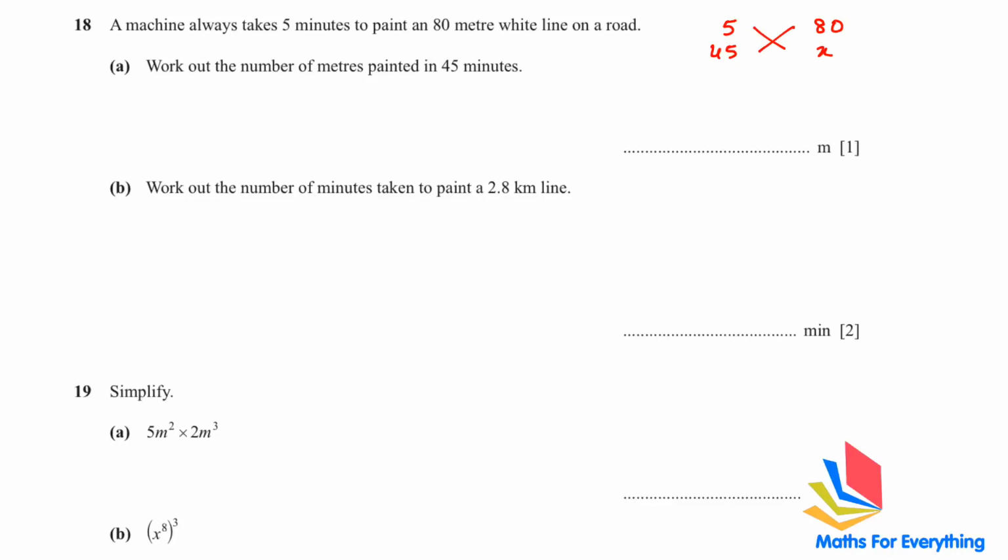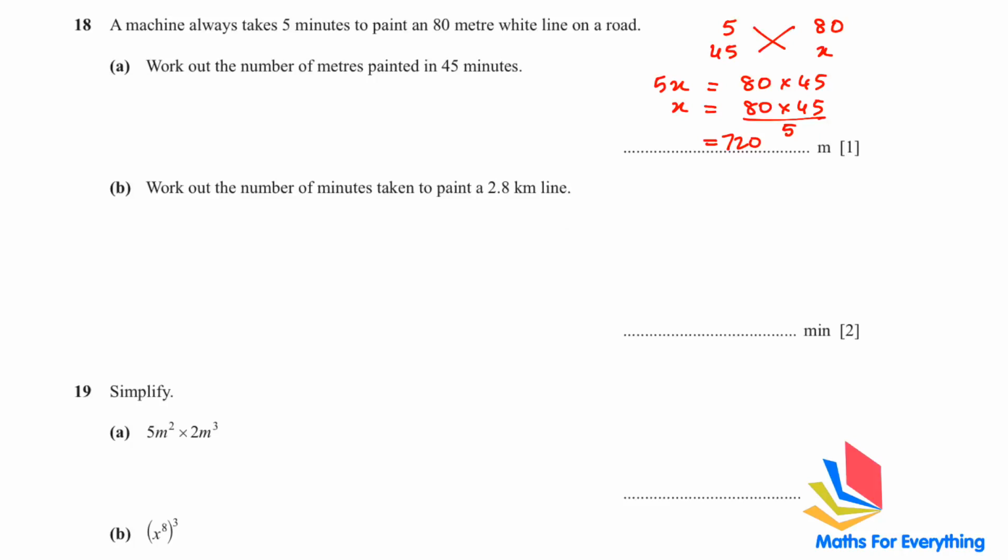Cross multiply. So 5x is equal to 80 multiplied by 45, and x is equal to 80 multiplied by 45 divided by 5. 720 meters.